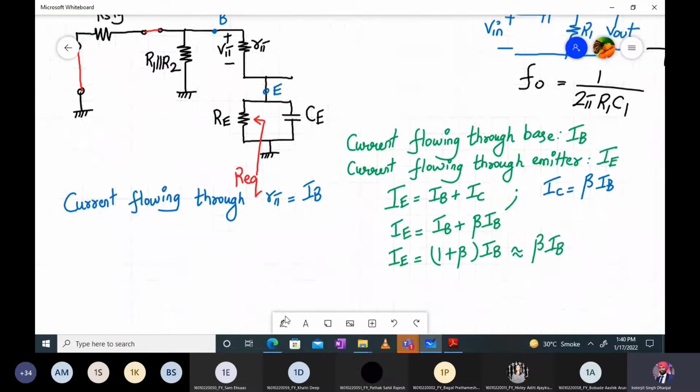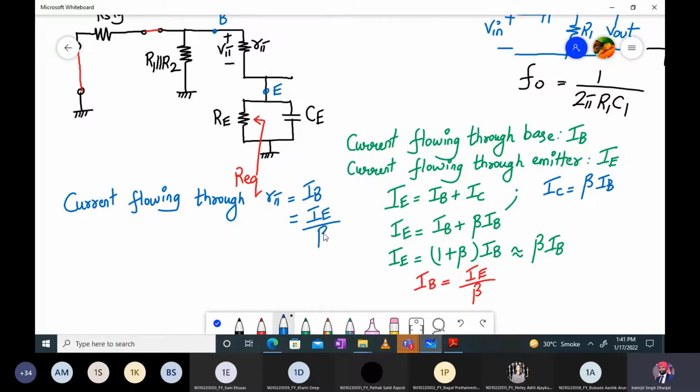So I can write IB is equal to IE divided by beta, just cross multiplied, right? So the current flowing through the R pi resistance will be IE upon beta. Agreed? Any problem here?